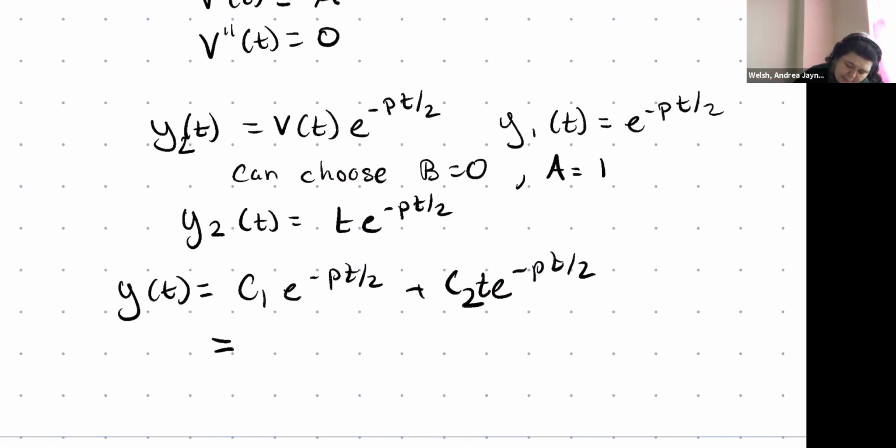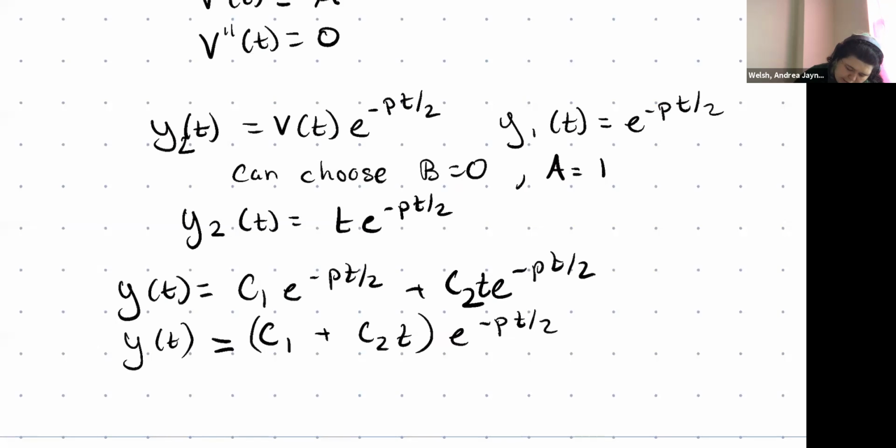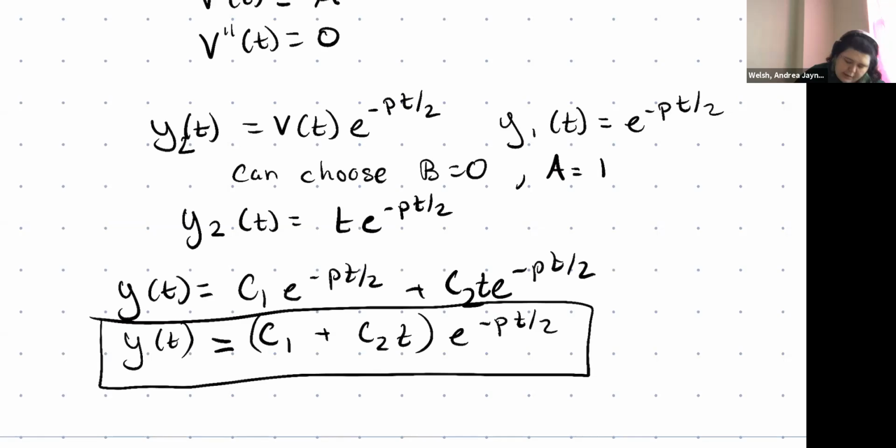And I can pull out those exponentials just to clean things up a little bit. And I get that my general solution for this case is c1 plus c2t all times e to the minus pt over 2.